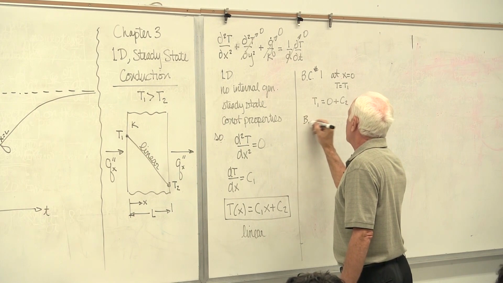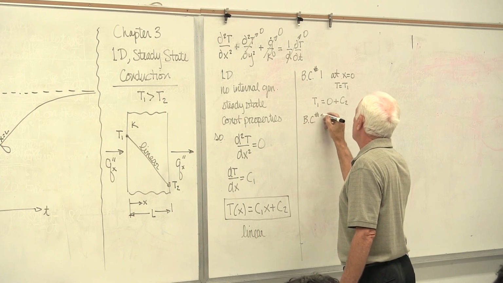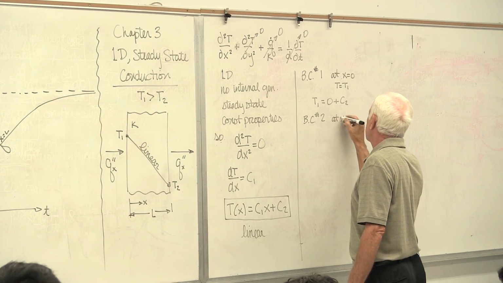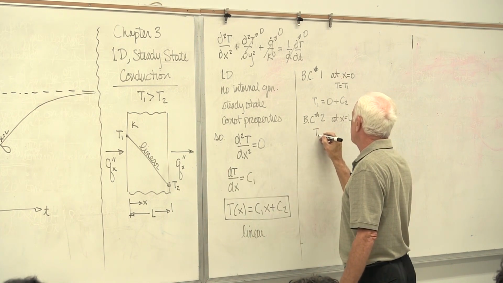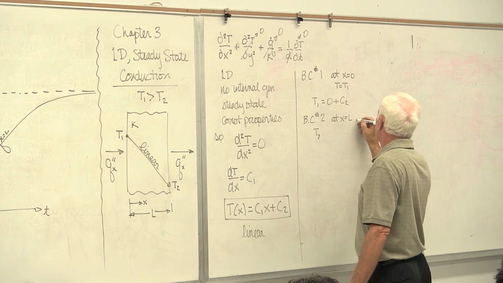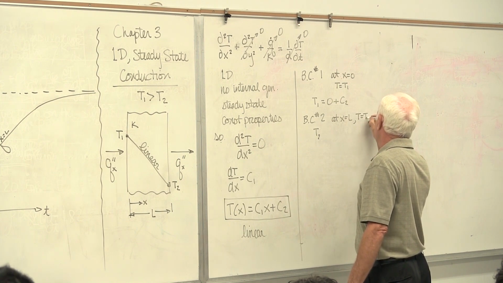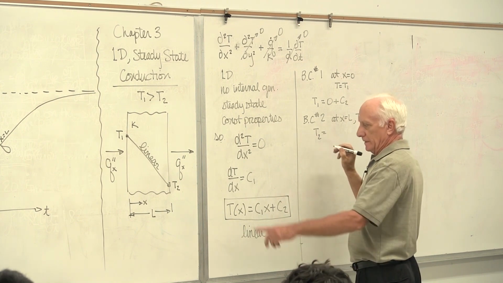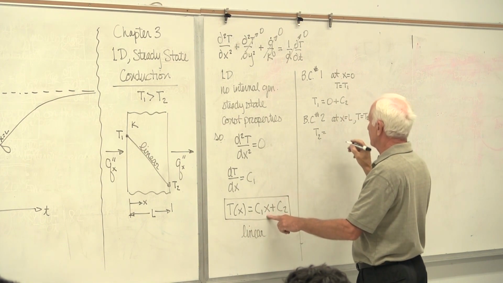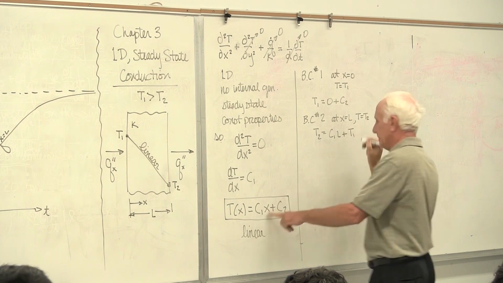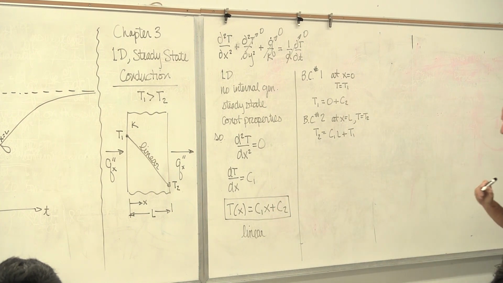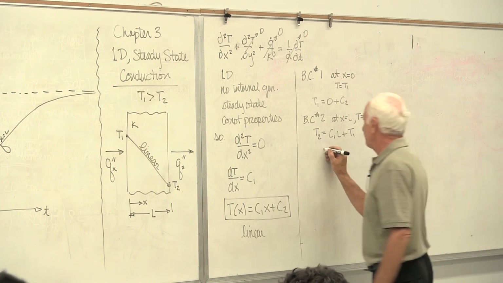Second BC, at x equals L, T equals T2. So we have T2, x equals L now, C1 times L, plus C2, but C2 is T1. C2 was T1. Solve for C1.